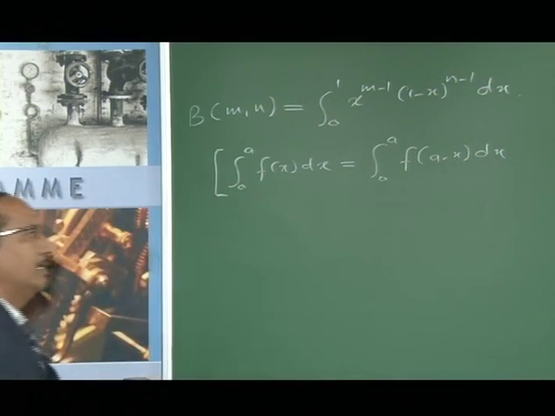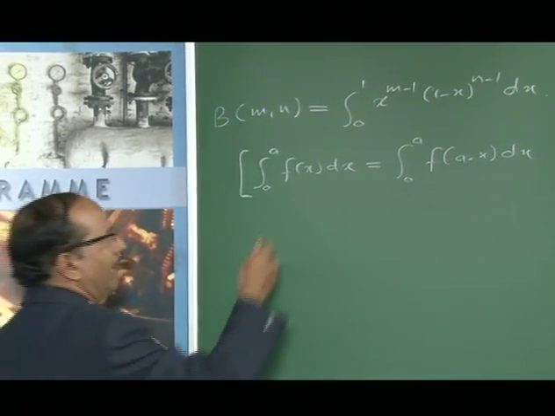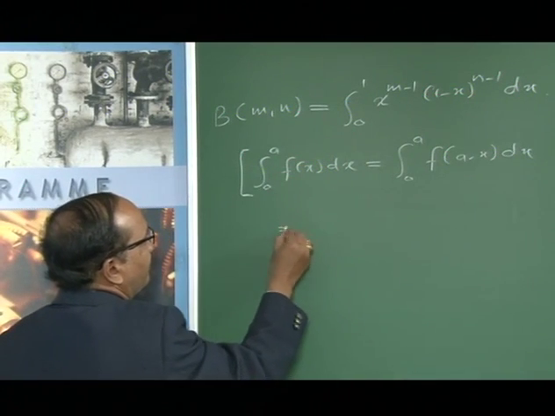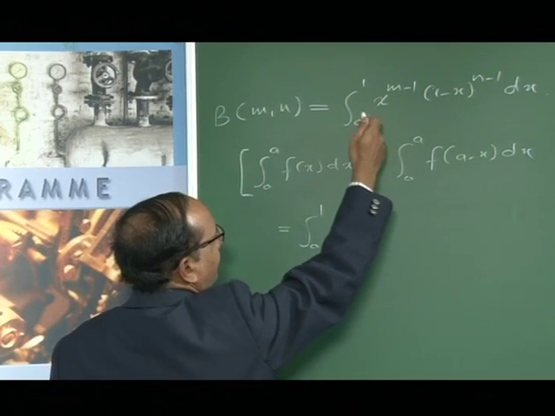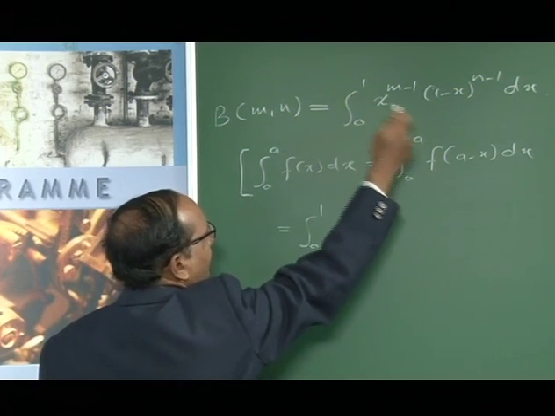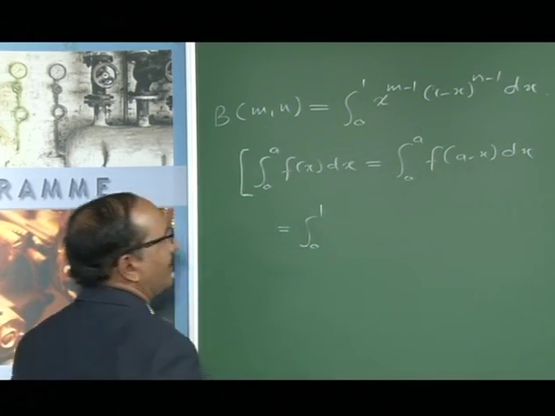That is the definite integral property. I am using this property in the above integral from 0 to 1. So, a is 1 here, and we replace x by 1 minus x, f of 1 minus x.